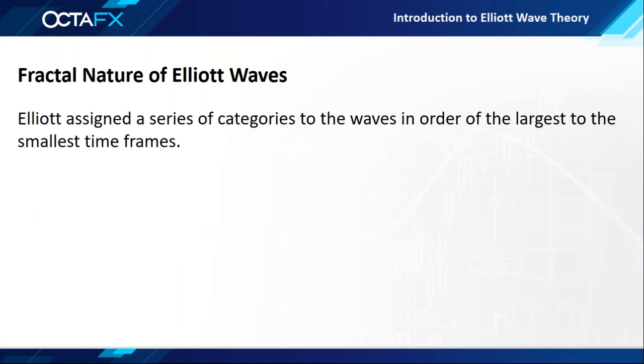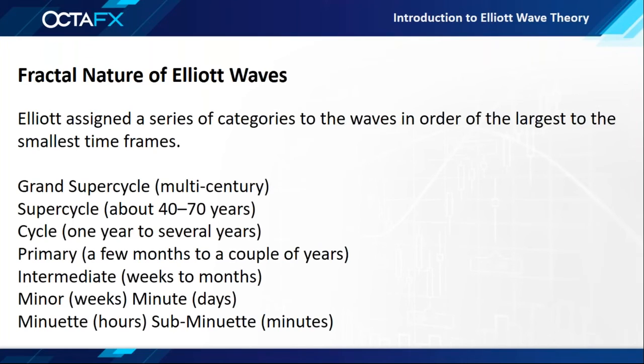So Elliott assigned a series of categories to the waves in order of the largest to the smallest time frames. He applied it to multi-century grand supercycles of 40 to 70 years, a cycle of 1 to several years, primary a few months to a couple of years, intermediate from weeks to months, minor composed of weeks, minute composed of days, minuet composed of hours, and sub-minuet composed of minutes.